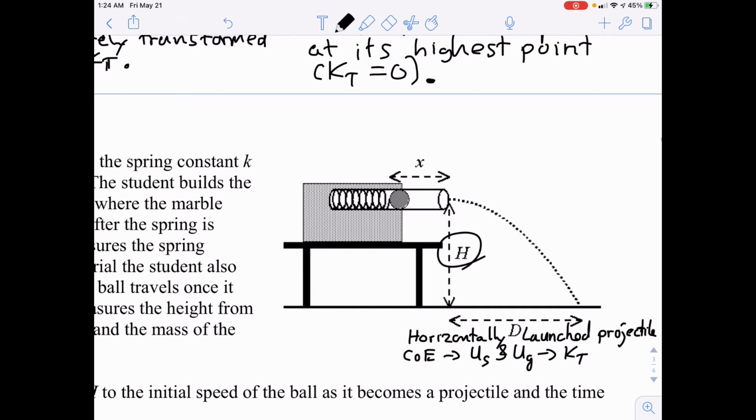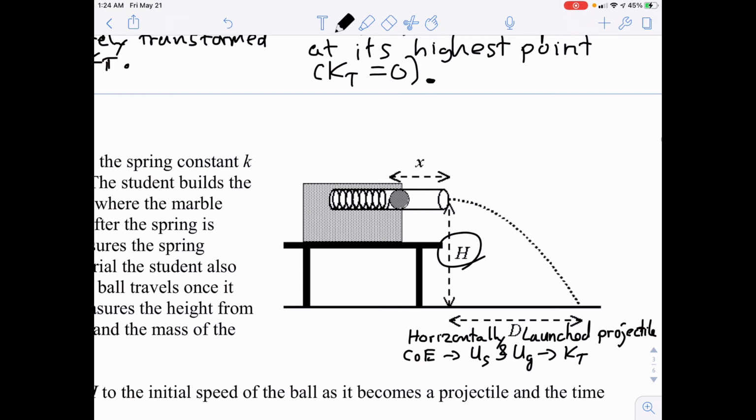The total mechanical energy remains the same if there's no friction involved. Total energy remains the same regardless, but mechanical energy will remain the same when there's no loss of energy due to friction.